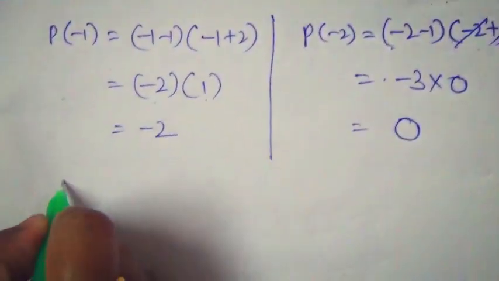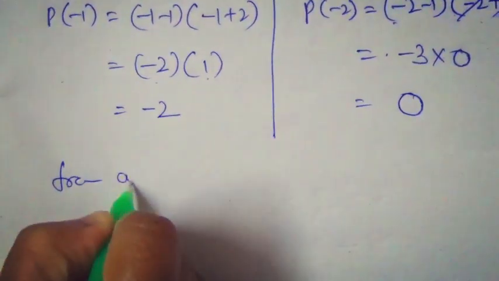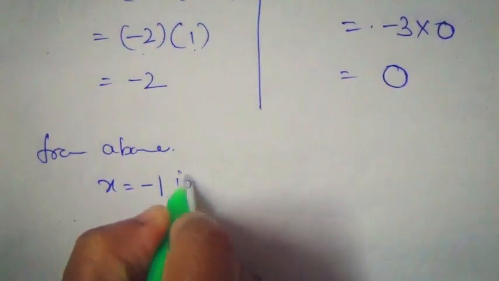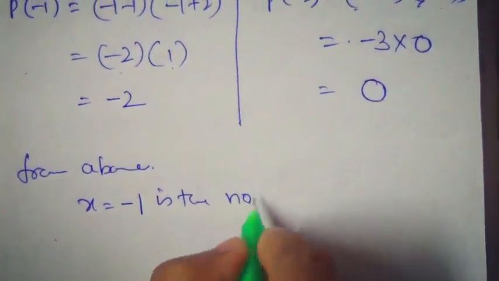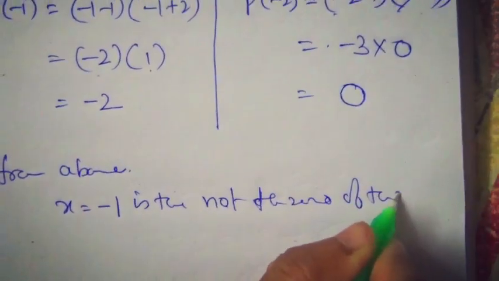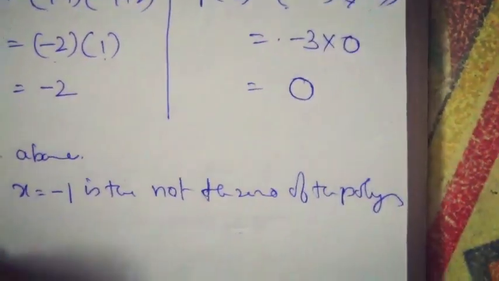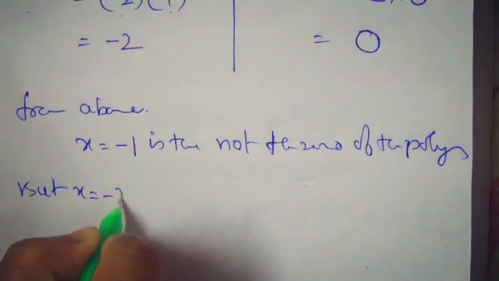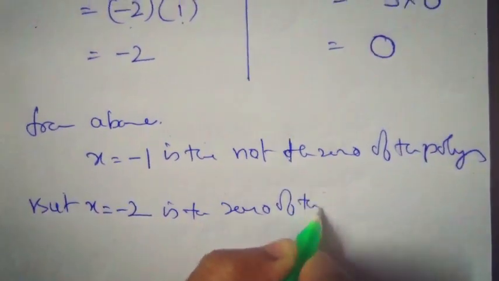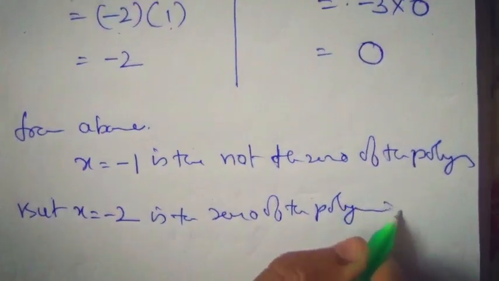From above, x is equal to minus 1 is not a zero of the polynomial, but x is equal to minus 2 is the zero of the polynomial.